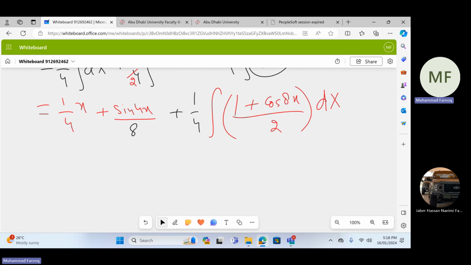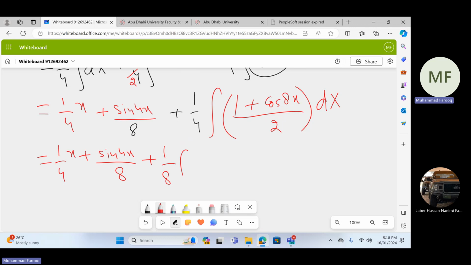So this we can now distribute. The 2 you can take outside. Now just copy this one. It's 1 by 4 x plus sine 4x over 8. Then plus 1 by 8, where 2 times 4 is 8. How did we get 8? 4 times 2. Then we have 1 dx, and plus 1 by 8 integration of cosine 8x dx.